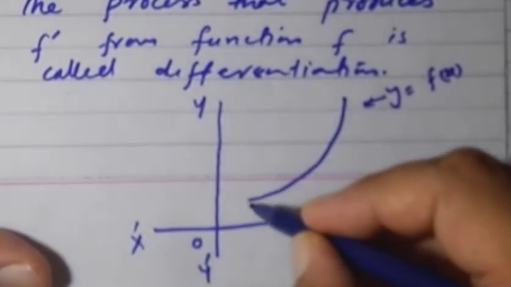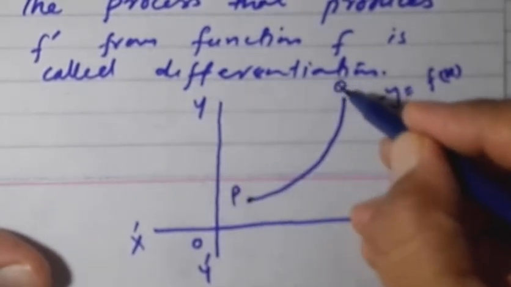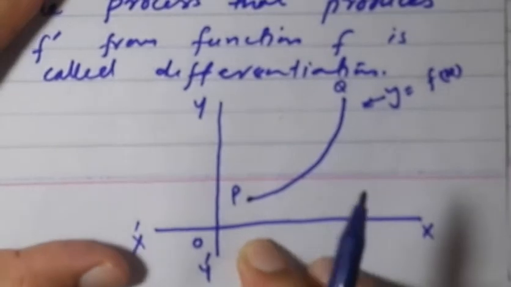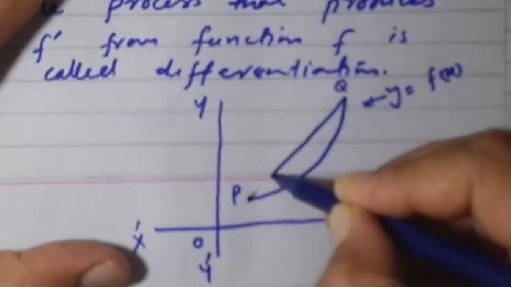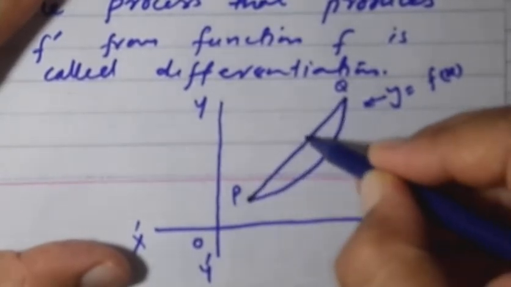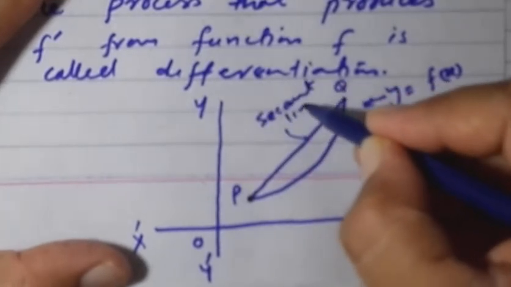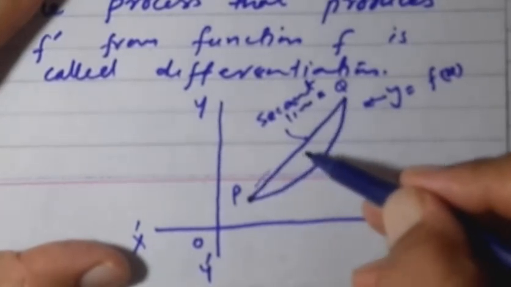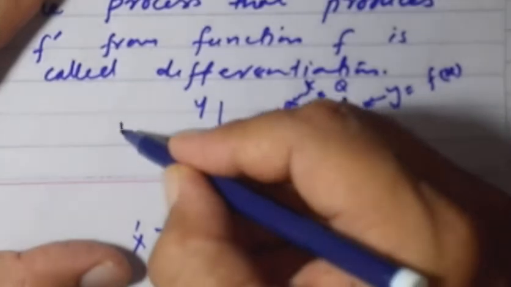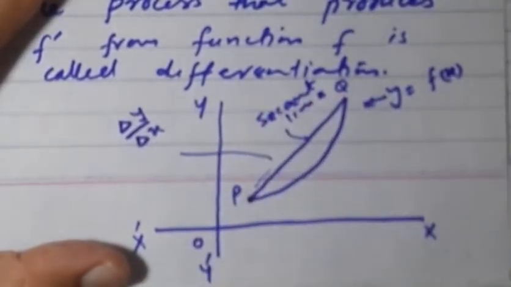Now take a point P here and a point Q here on this curve. Join this P and Q. What is this? This is secant line. And we know that the slope of this secant line is represented by del y by del x, which is called the average rate of change.